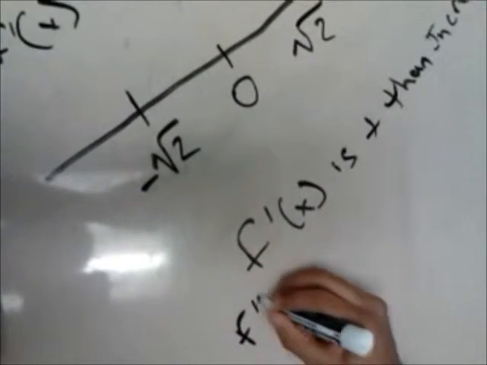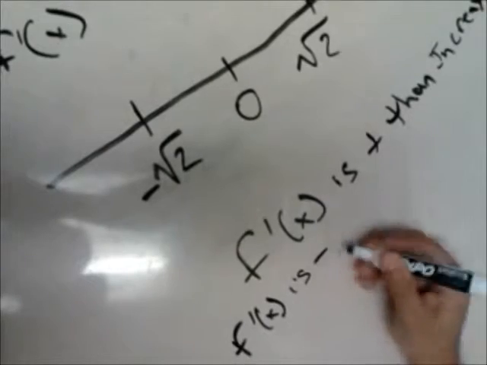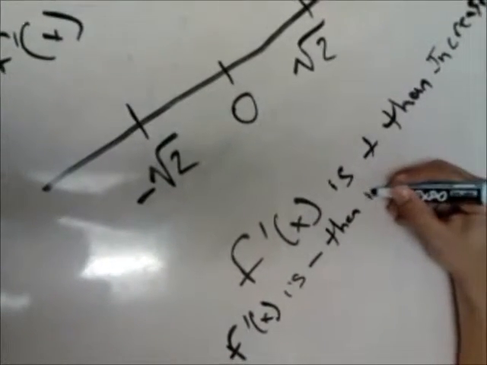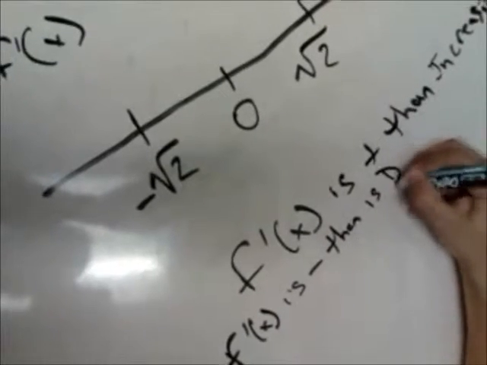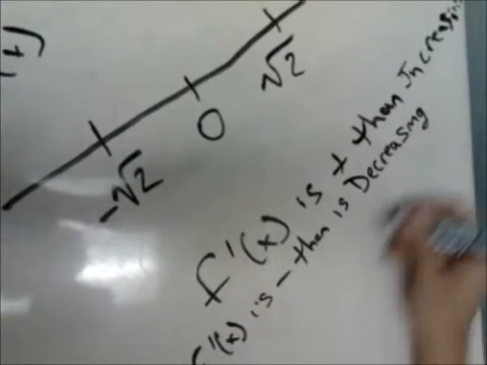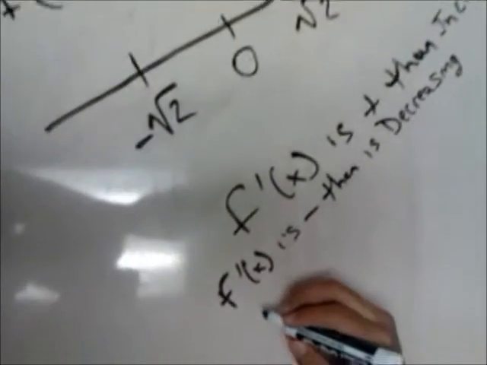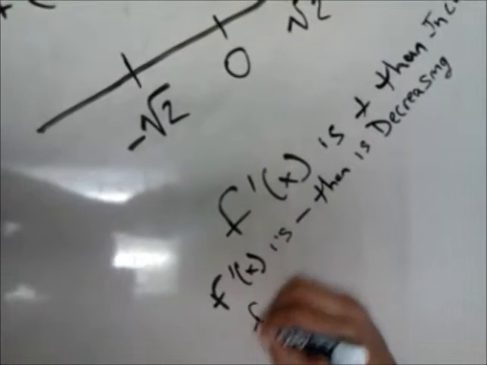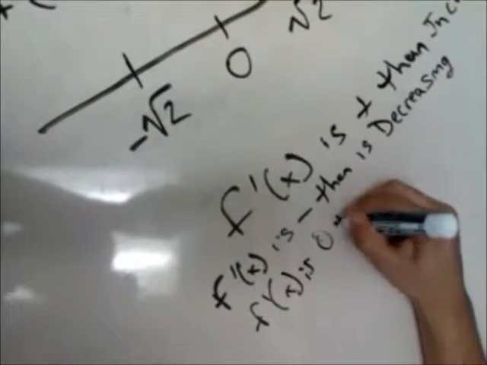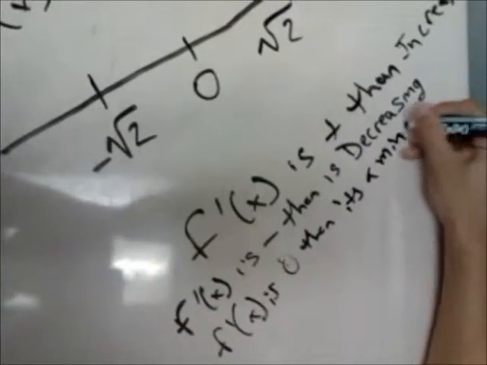And if f prime of x is negative, then the graph is decreasing. And if f prime of x is 0, then it's a minimum or maximum.